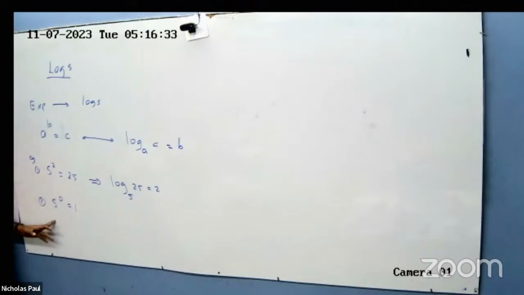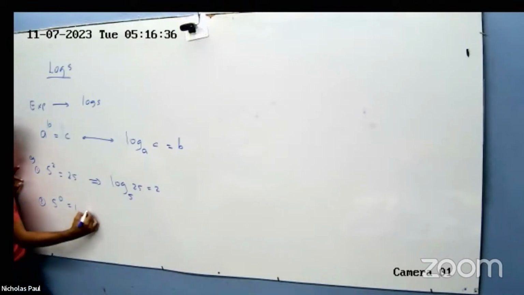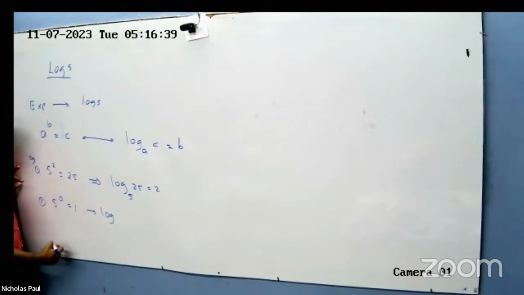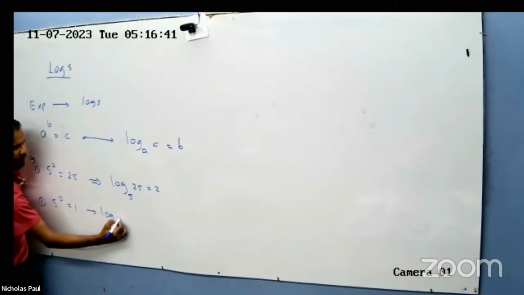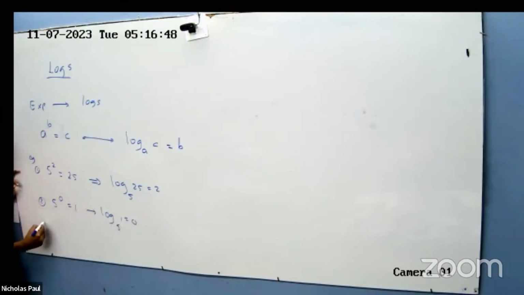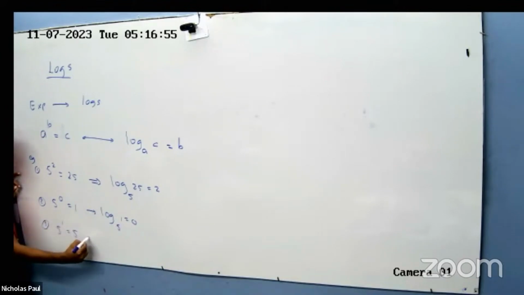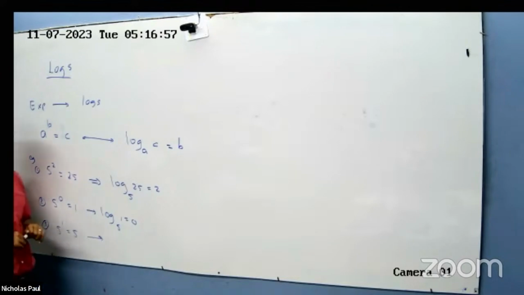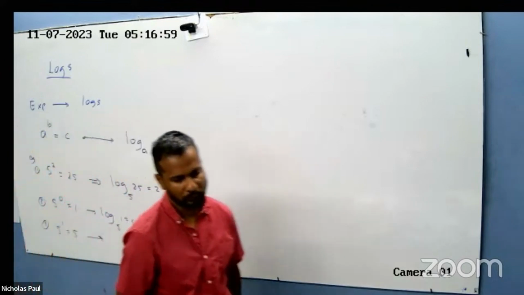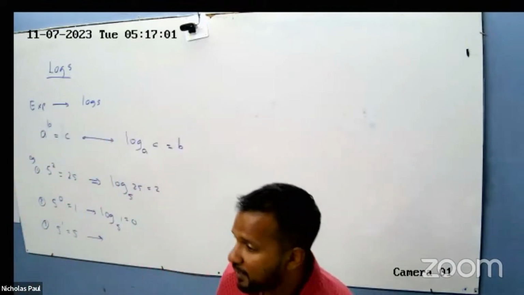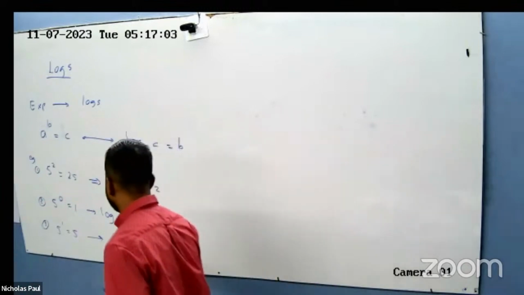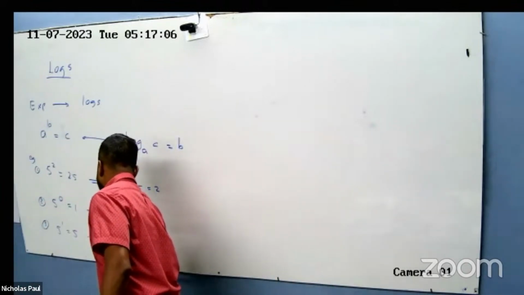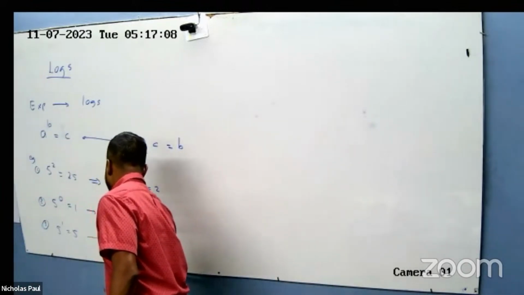What will this be? Log to the base 5 of 1 is 0. Just try one more. 5 to the power of 1 is 5. What is that? Log 5 is what? Log base 5 of 5 is 1.